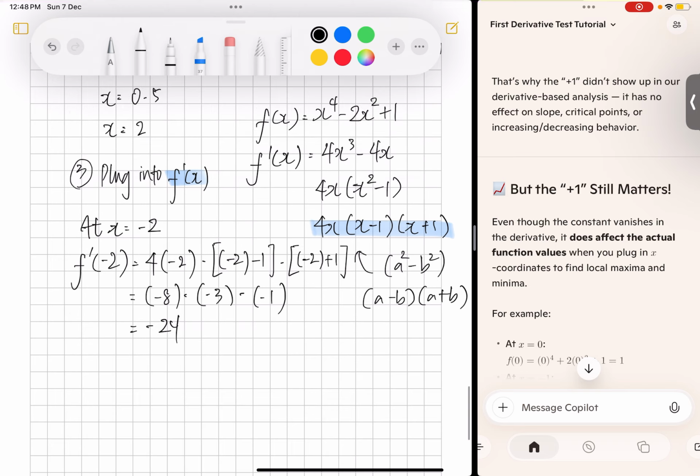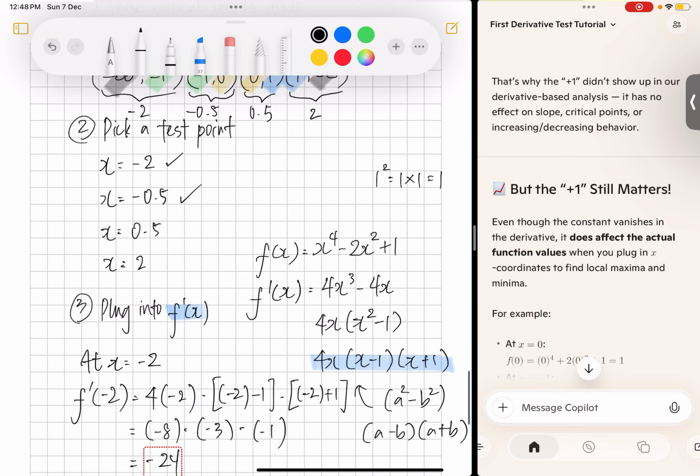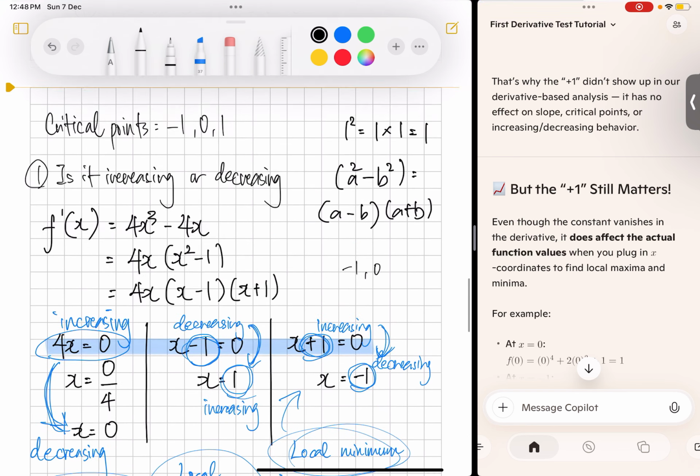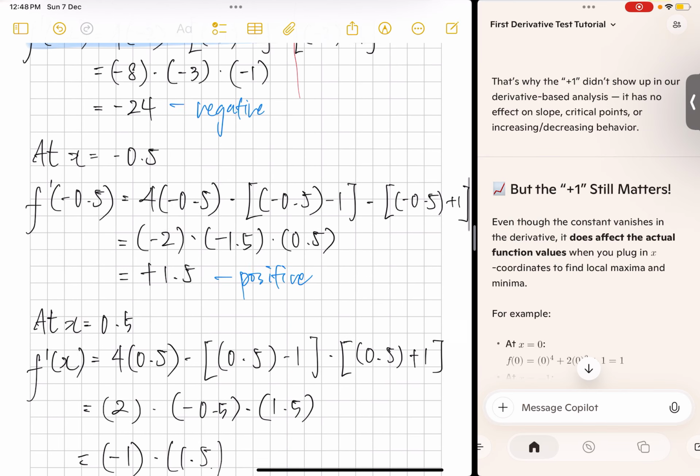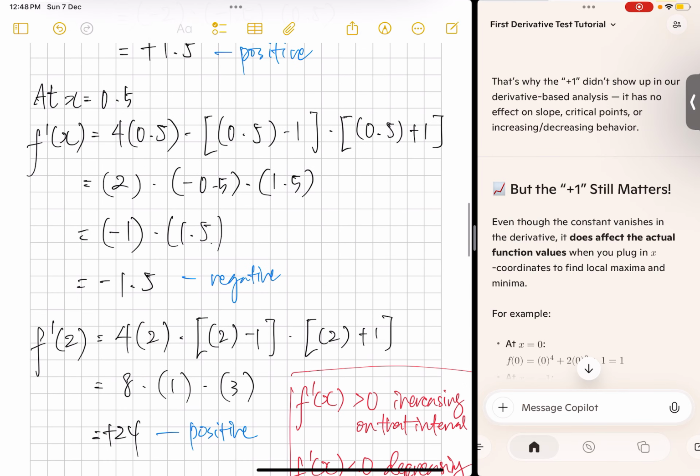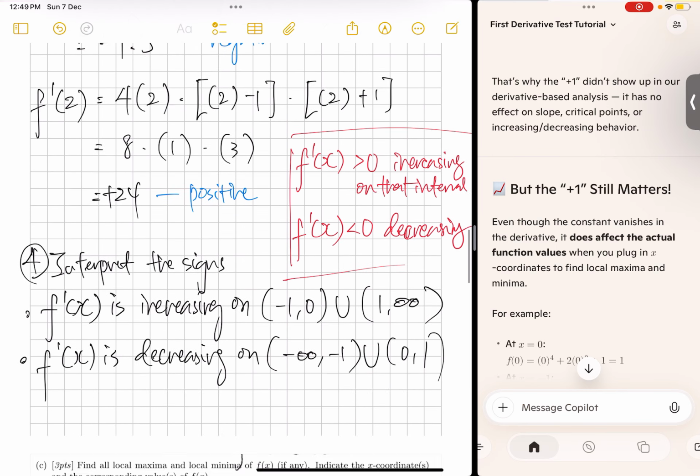And then we have to keep doing the same thing for negative 0.5, 0.5, and then 2. Because we've already done this earlier, because the video didn't have a microphone, the answers here are positive 1.5, negative 1.5, positive 24.